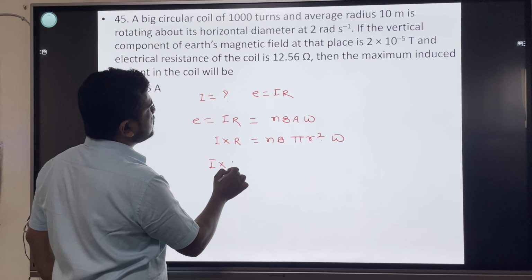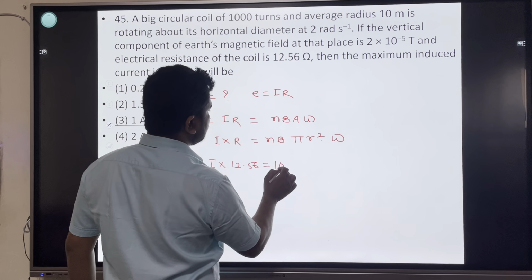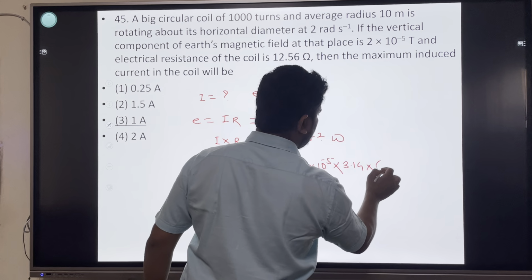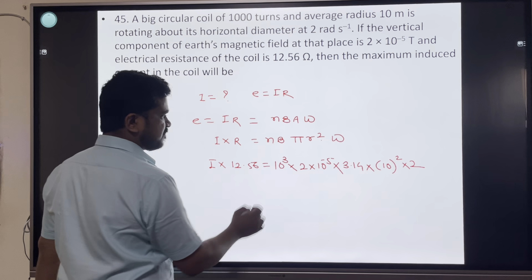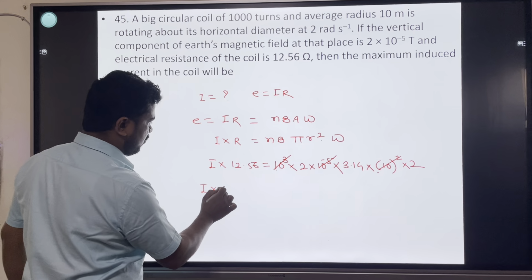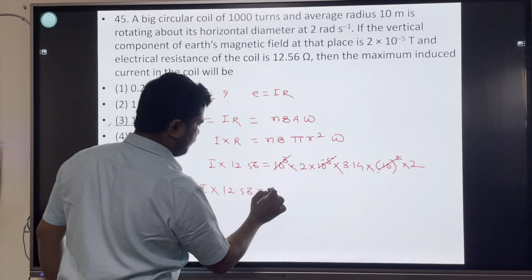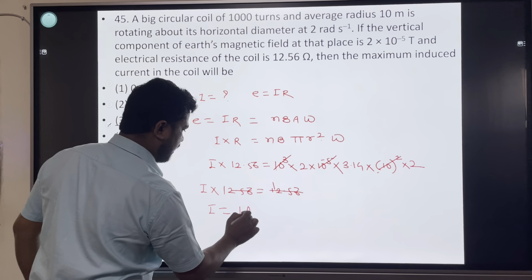Current I into resistance 12.56 is equal to number of turns 10 raised to 3 into magnetic field 2 into 10 raised to minus 5 into pi 3.14 into 10 square into omega 2. 10 raised to 3, 10 raised to 2, 10 raised to minus 5 cancel. I into 12.56 is equal to 2 into 3.14 into 2, 12.56. So I is 1 ampere.